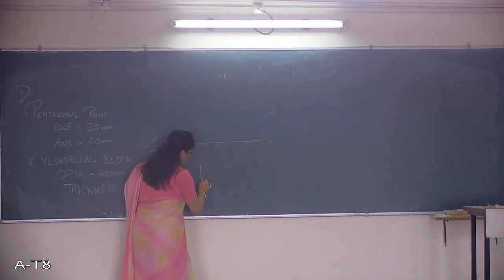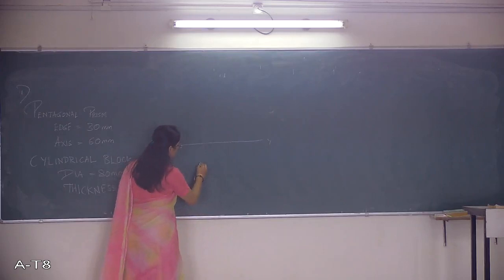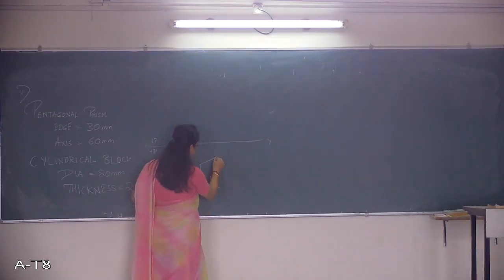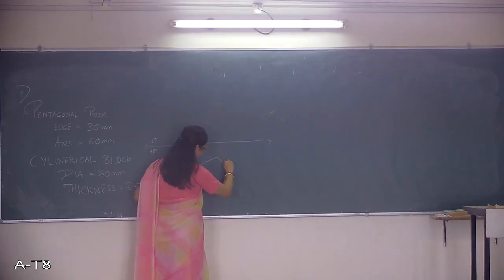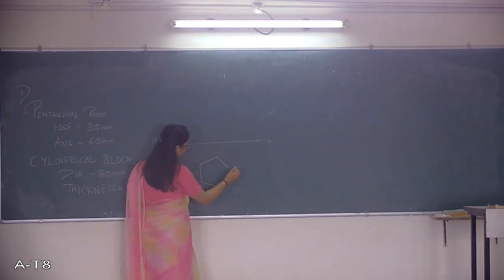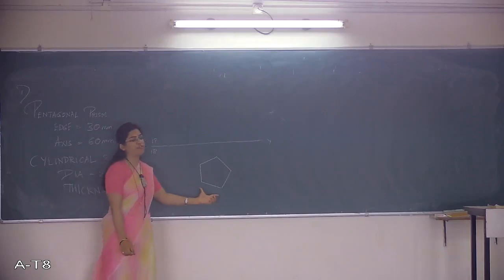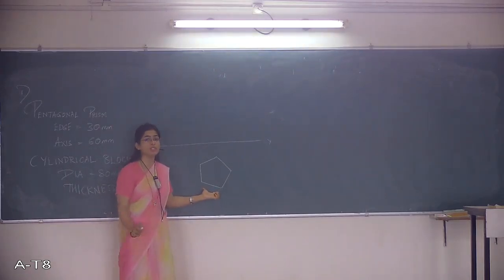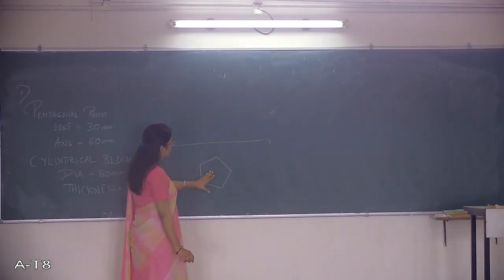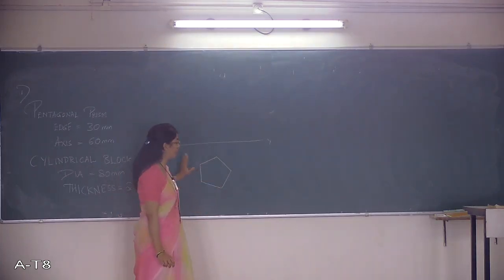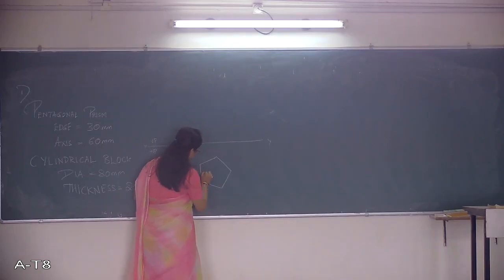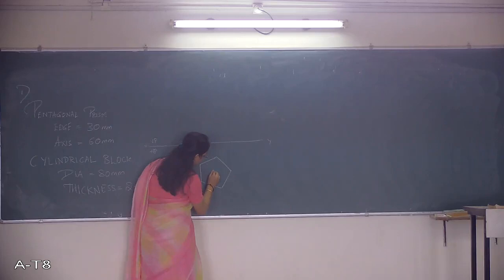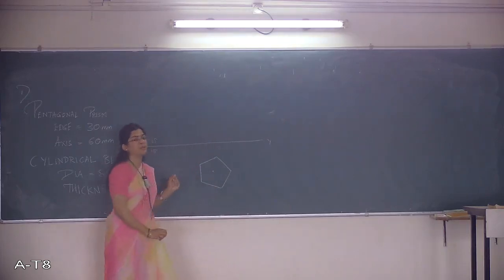We all know how to draw a pentagon. The inside angle is 108 degrees and the dimension of each edge is 30 mm. Once you get this, as this is a prism, by taking the perpendicular bisectors, you can find the center of this prism.